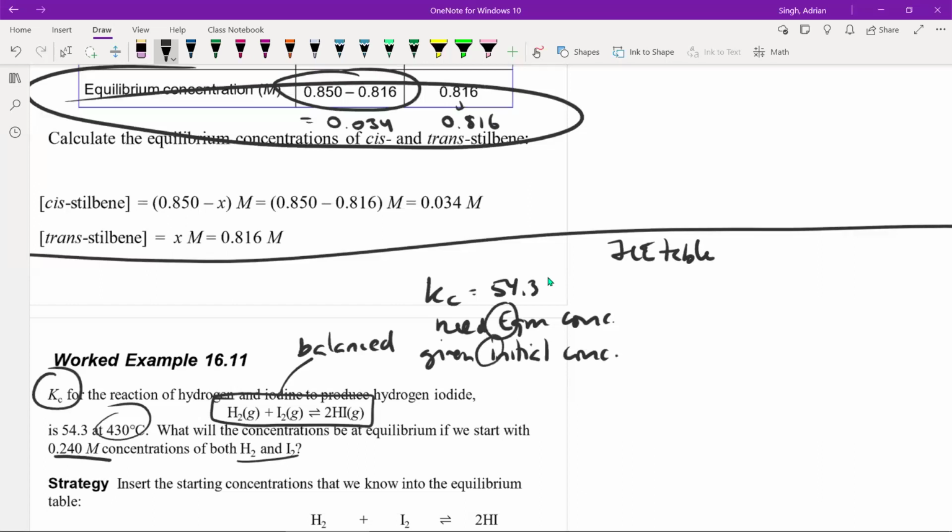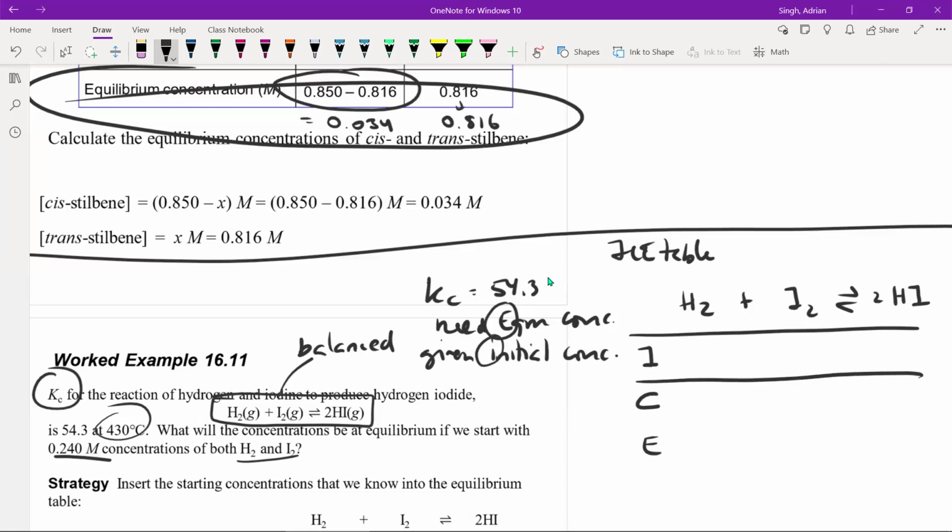And we're going to use our equation to help us. So we have H2 plus I2 to give HI. Those are the products. So we have our initial, we have our change, and we have our equilibrium concentration. That's our ICE table, and we can write in these values.